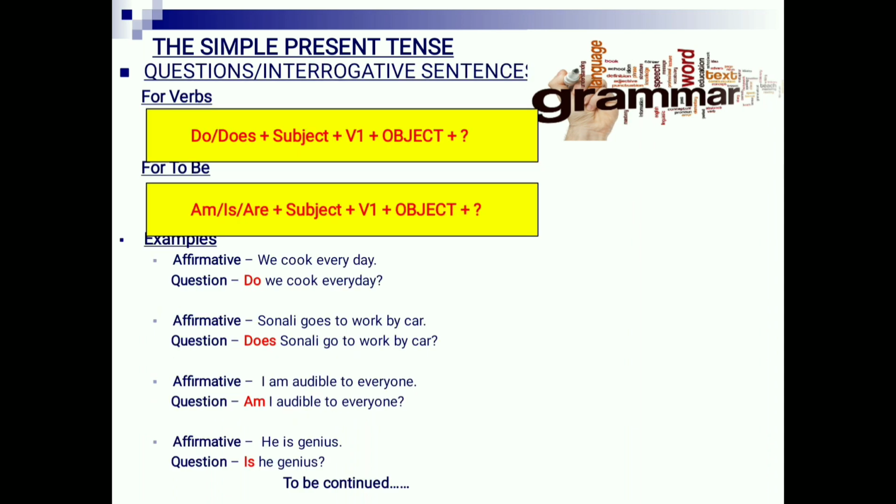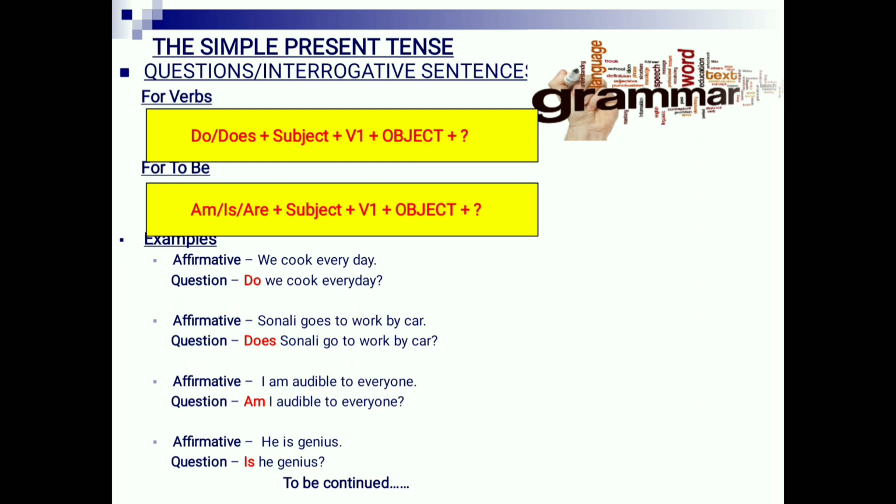Let's move to the questions of simple present tense. How we can make interrogative sentences or questions by using simple present tense. The formula for it is do or does plus subject plus V1 plus object, and at last you have to give a question mark.